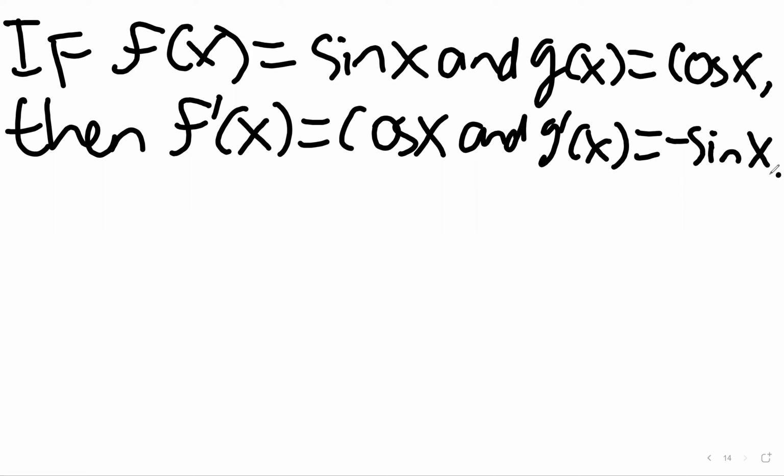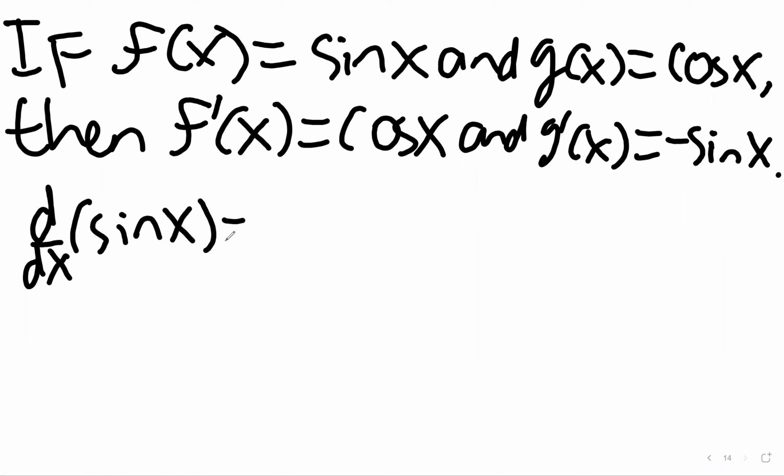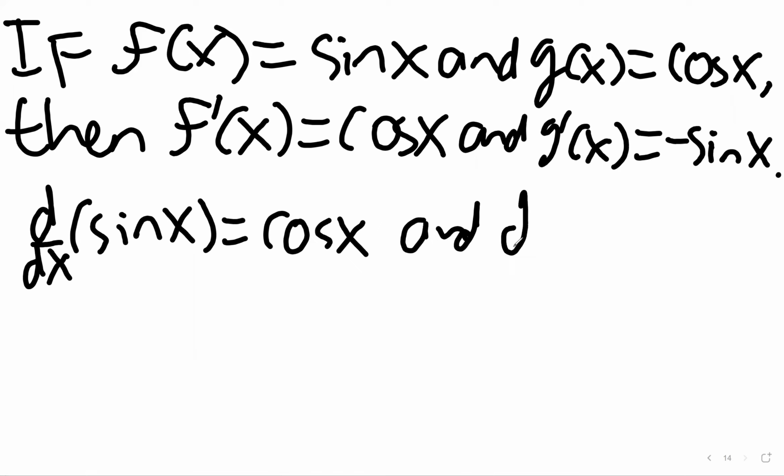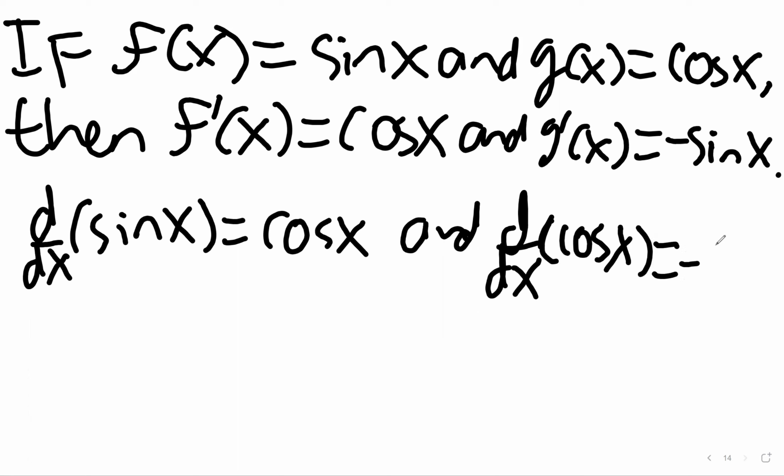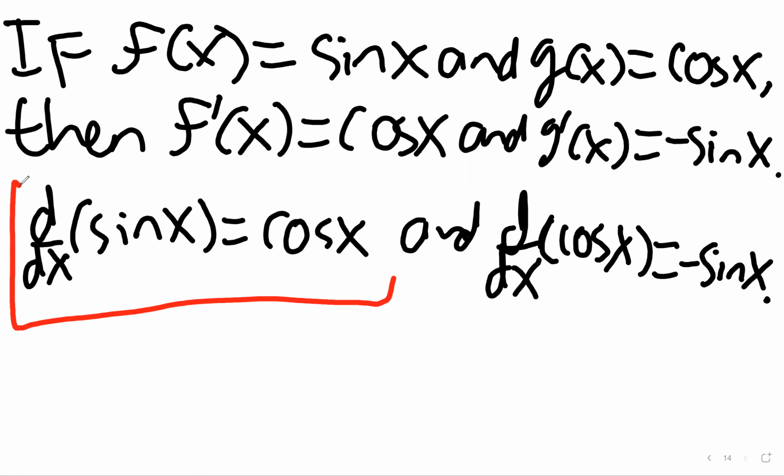If we use the Leibniz notation, d/dx of sine of x equals cosine of x, and the derivative of cosine of x equals minus sine of x. This is the summary.